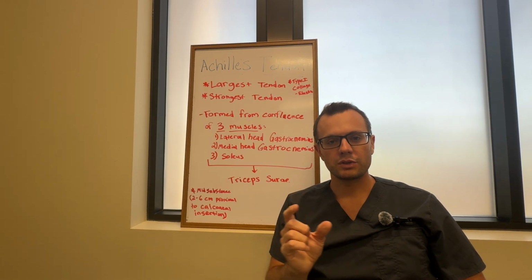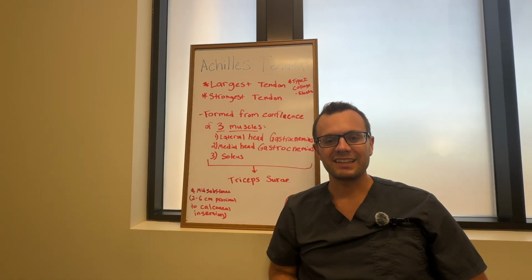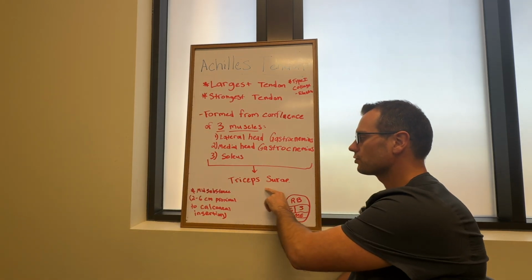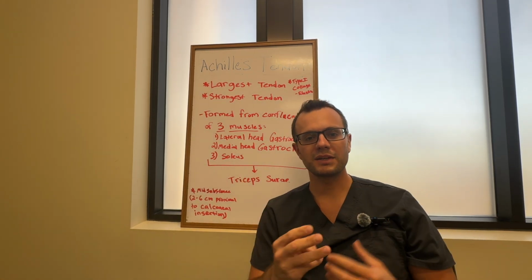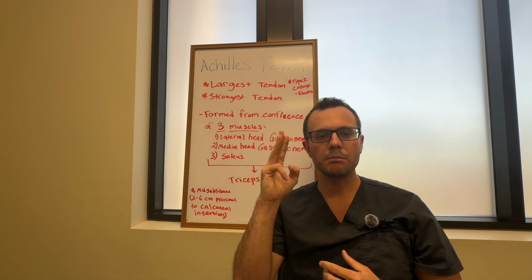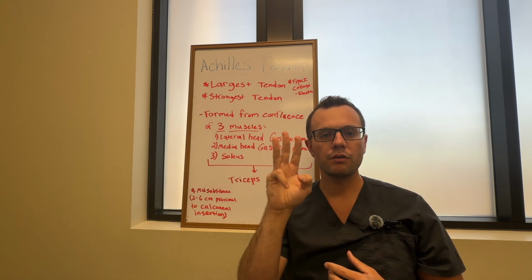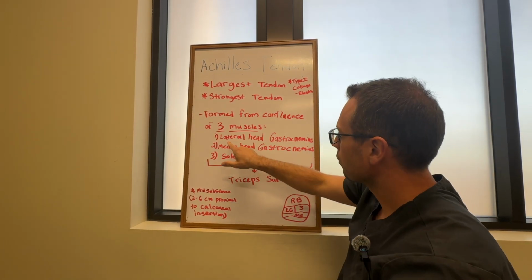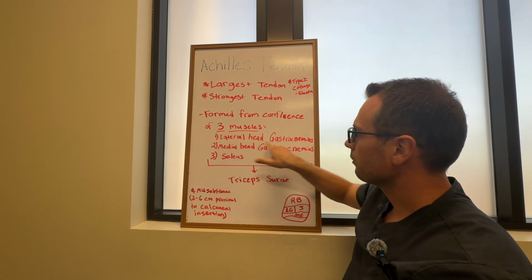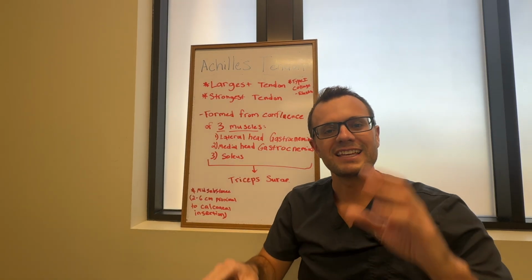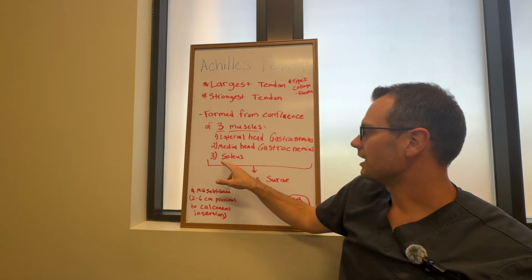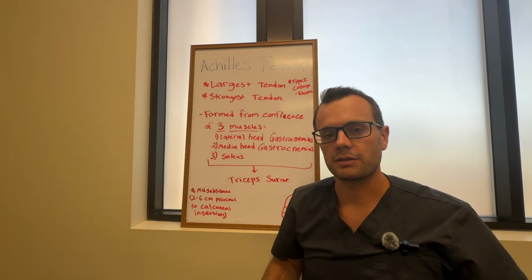And the muscle which is involved in the Achilles tendon is actually called the triceps surae muscle. It's called this because there are actually 3 muscles involved in this overarching muscle. So the first muscle is the lateral head of the gastrocnemius. The second muscle is the medial head of the gastrocnemius. And the third muscle is the soleus muscle.